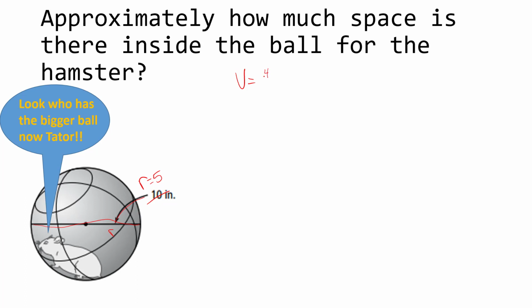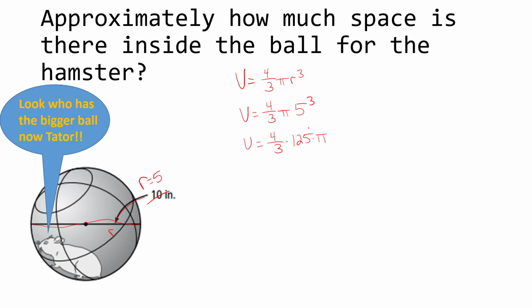Now we can do everything we need to. Volume is equal to 4/3 pi r cubed. And so we substitute in 4/3 pi times a radius of 5 cubed. And volume is now equal to 4/3 times 125 pi.